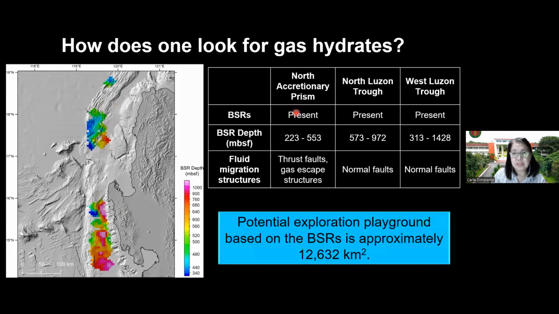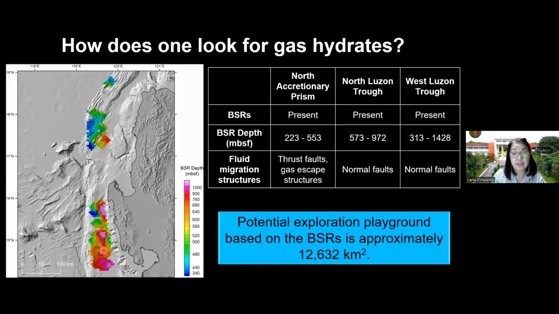So you can see here that they're present here, present in the North Accretionary Prism here, present in the North Luzon Trough here, and present in the West Luzon Trough. The depths at which they occur vary. It's relatively shallower here in the northern part, and in the West Luzon Trough here, the BSR depths are from around 300 to more than 1,400 meters depth below seafloor.